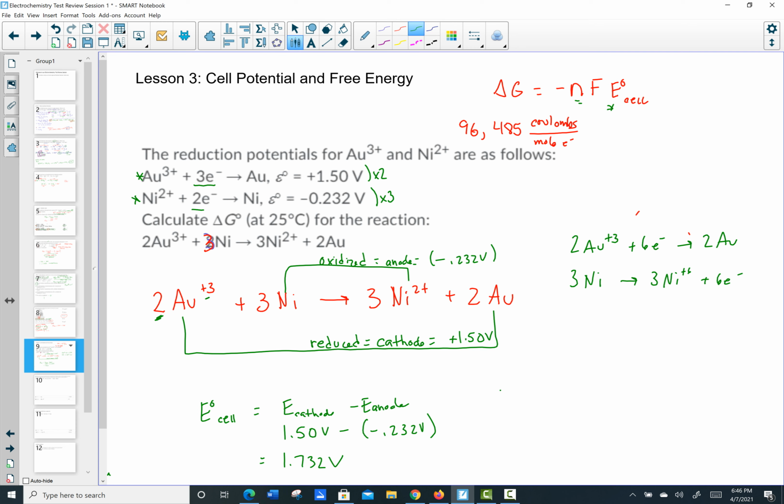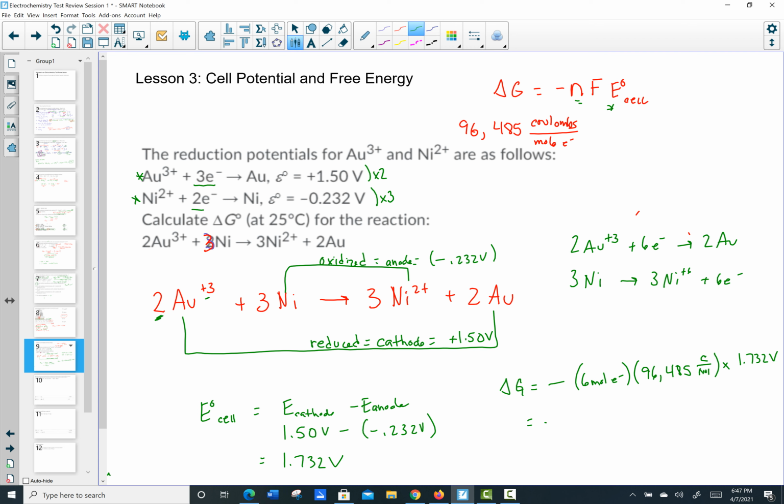Now we have what we need to solve for delta G. Negative 6 moles of electrons times Faraday's constant, which we said was 96,485 coulombs per mole, times the E cell, which was 1.732 volts.